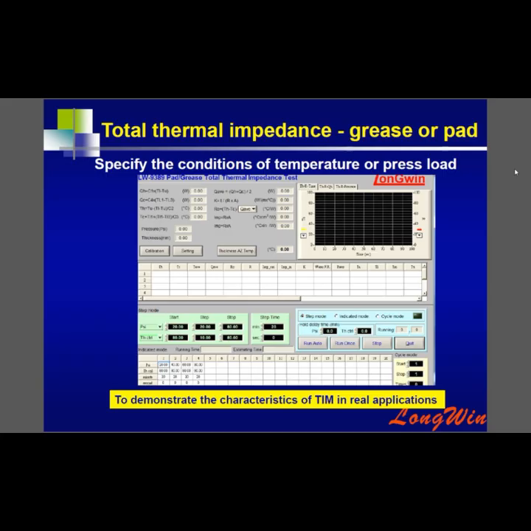And on the lower part is the indicating mode, which means that each condition can be set with different temperature, press load, and also the duration, the time. So in this print screen, you can see there are 4 conditions with different press load from 20, 40, 60 to 80.